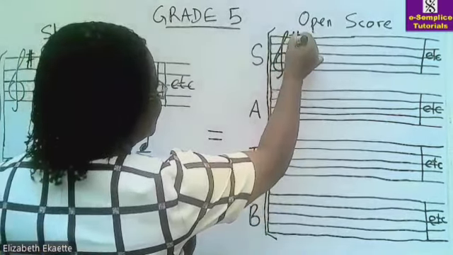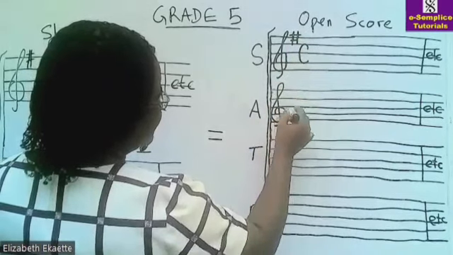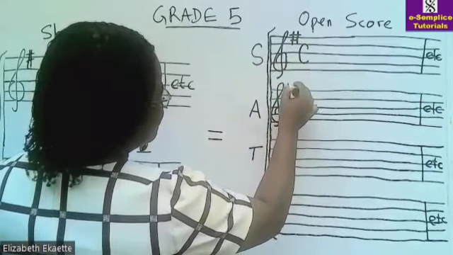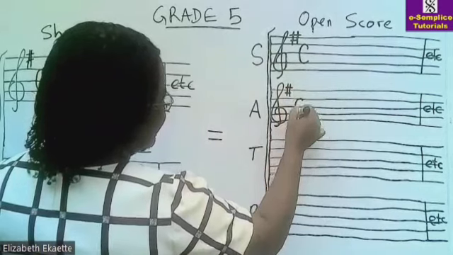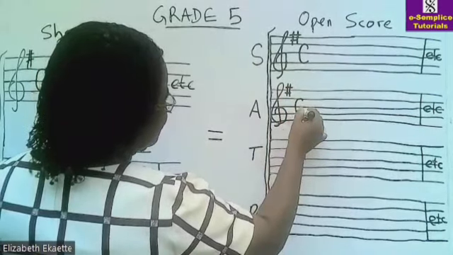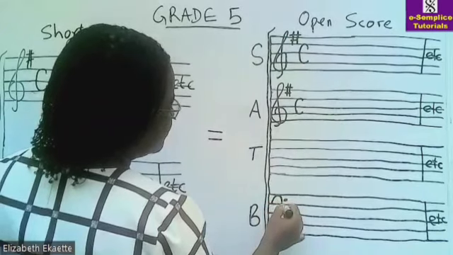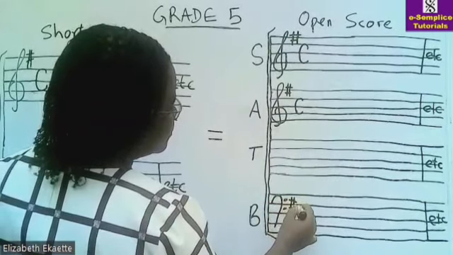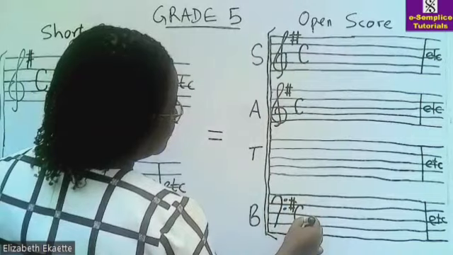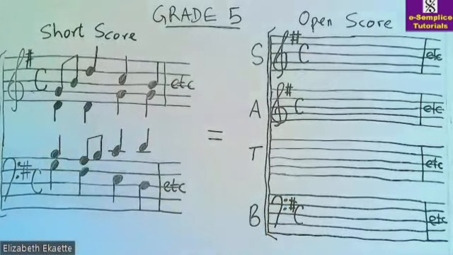Same thing here, clef, the key signature, and the time signature. Now we move here, the key signature, and the time signature. Now we are ready to move. So let's just move quickly.